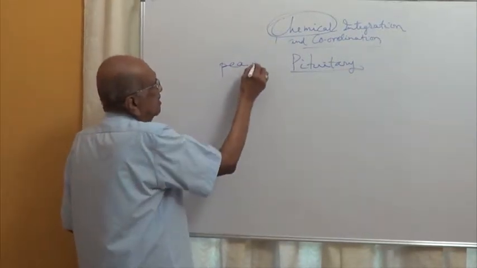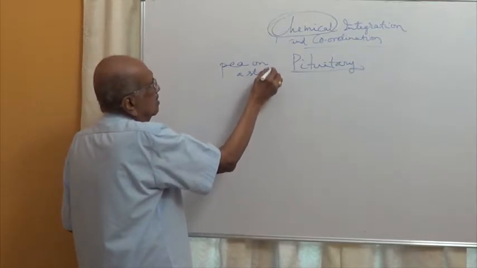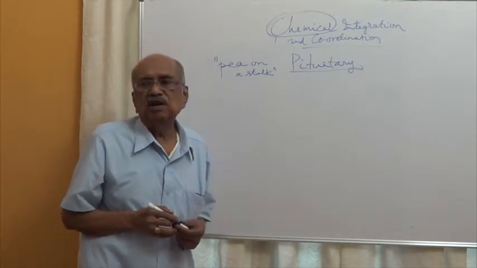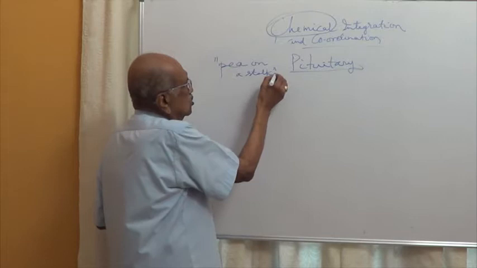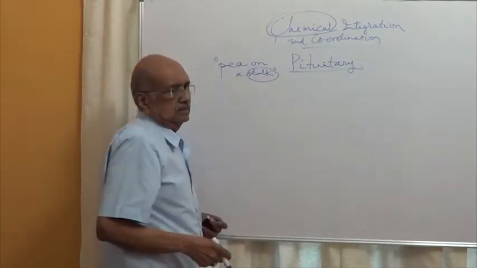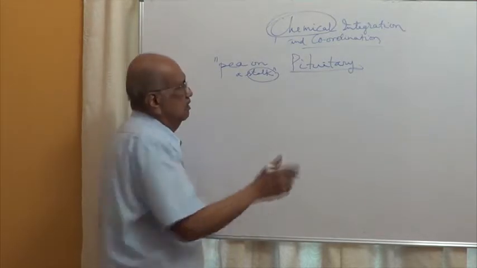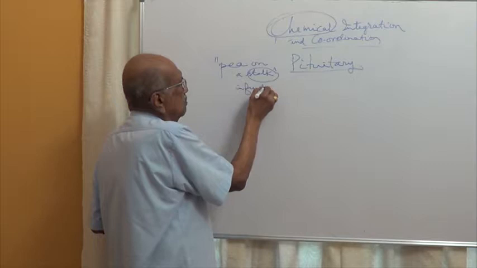Very often, the pituitary gland is described by a physiologist as a pea on a stalk. The stalk, with the help of which the pituitary hangs down, is called the infundibulum.